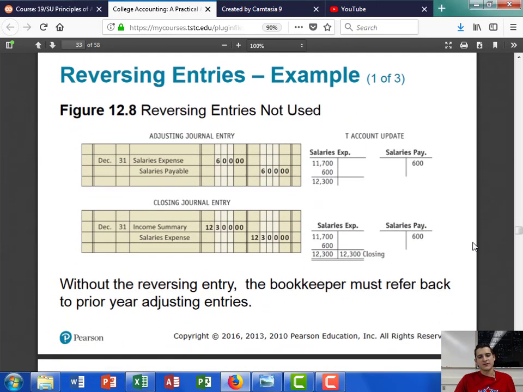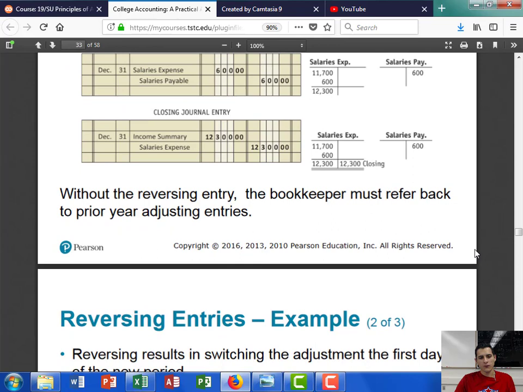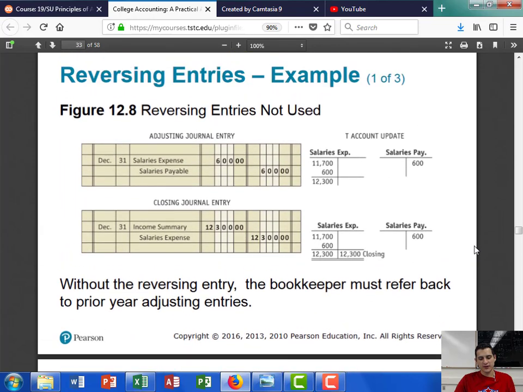Let me see. Reversing entries not used. Bookkeeper must refer back to the prior year adjusting entries. Reversing entries not used on expense.